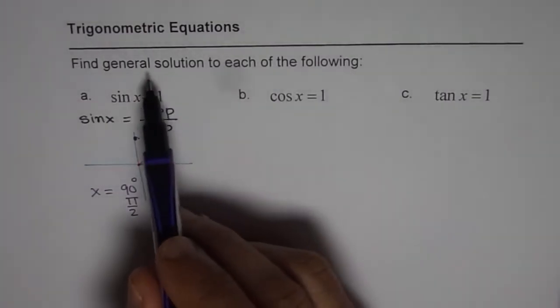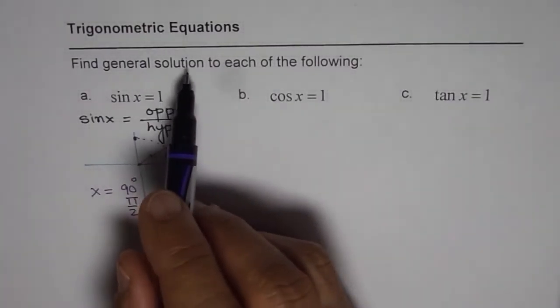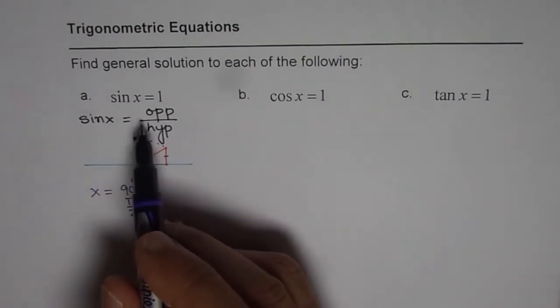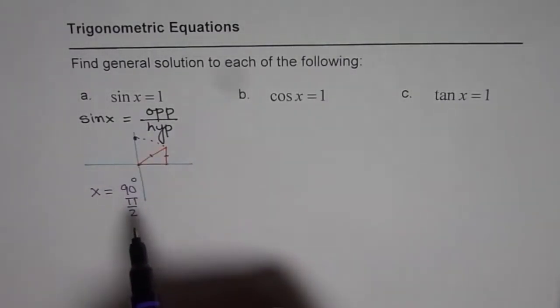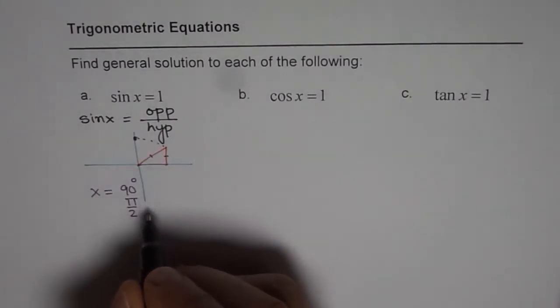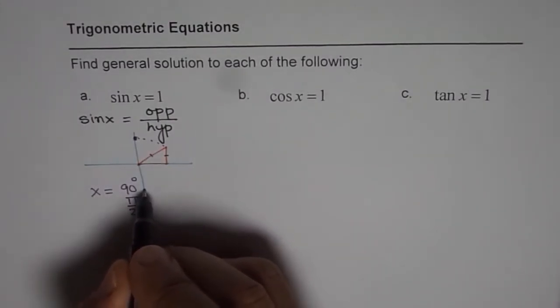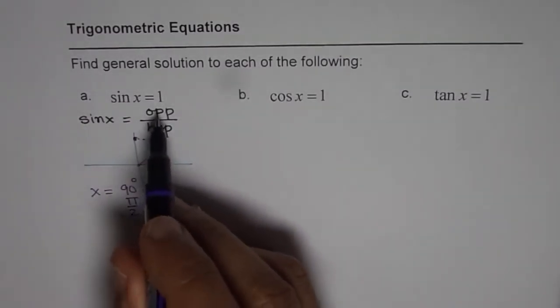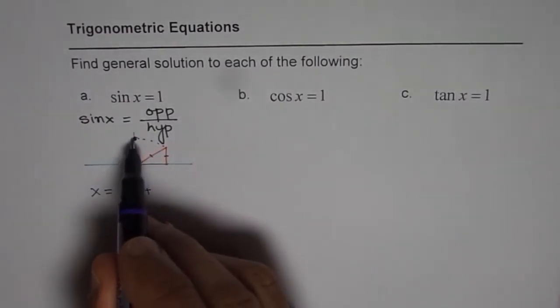Now we need to provide the general solution. General solution means when will the next time this will happen. Since sine waves, all trigonometric waves, are periodic in nature, and the period for sin x is 2 pi or 360 degrees, we can say after every circle it will be 1 when it comes to this point, right?